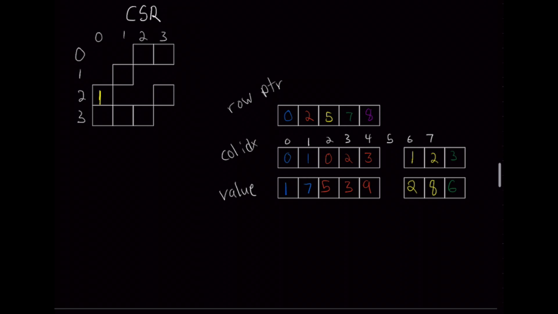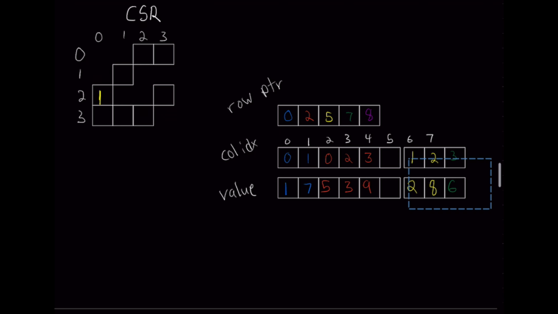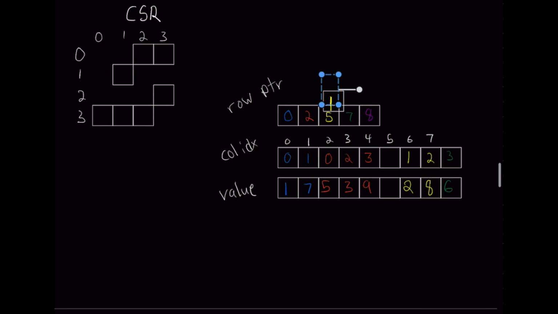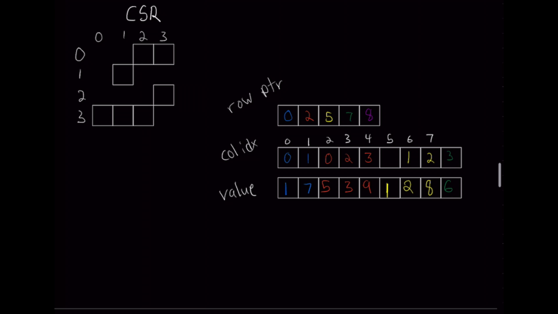And now insert the value for the new non-zero that has been added. So as we can see, it's in row 2. And it has a column value of 0.